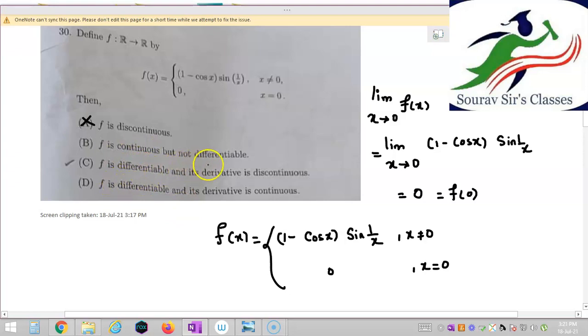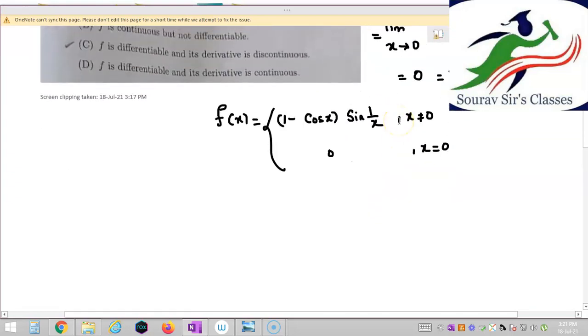So option B says that f is continuous, option C says that f is differentiable, option D says that f is differentiable and its derivative is continuous. Now we need to check the differentiability of f. When x is not equal to 0, f must be differentiable, so we need to check the differentiability at x equal to 0.